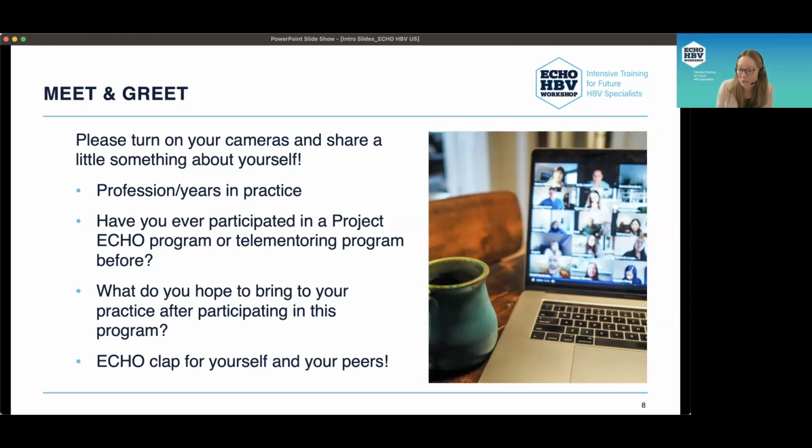We have people joined from all over the country and actually all over the world. We had another group on Tuesday, and we had people joining us from all over. So it's great to meet all of you. And then lastly, and the most important, is our Echo clap. Since most of us are muted, we're unable to hear any clapping, but would love to see it.